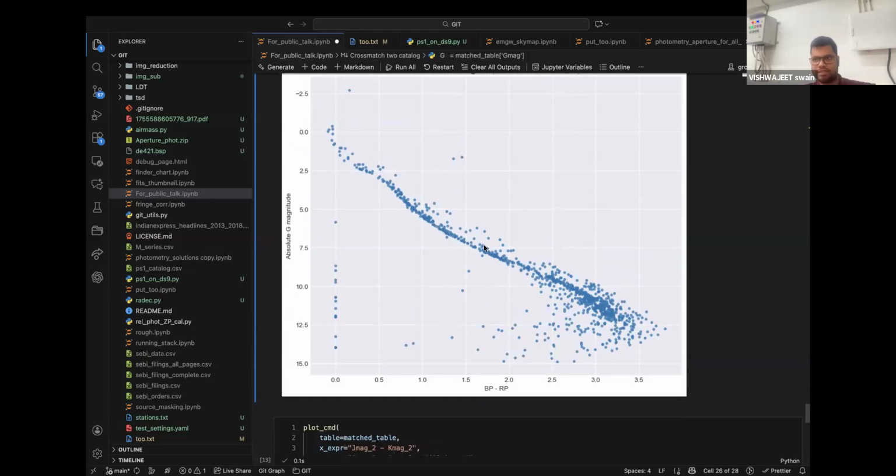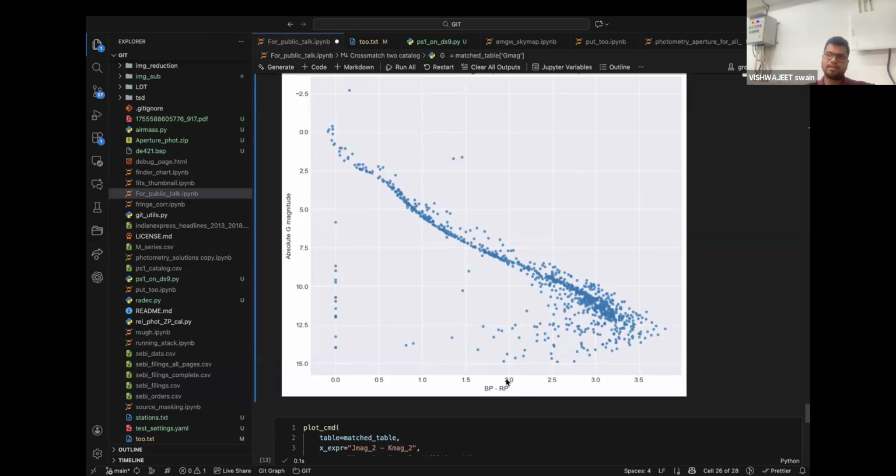And here you can see from the HR diagram, if you are seeing most of the stars on the main sequence, then it means that cluster is young. If you go to the nebular cluster or an older cluster, then you will see deviation from here. This x-axis is the color, and a lower value of BP minus RP means the object is very hot, and it's blue.